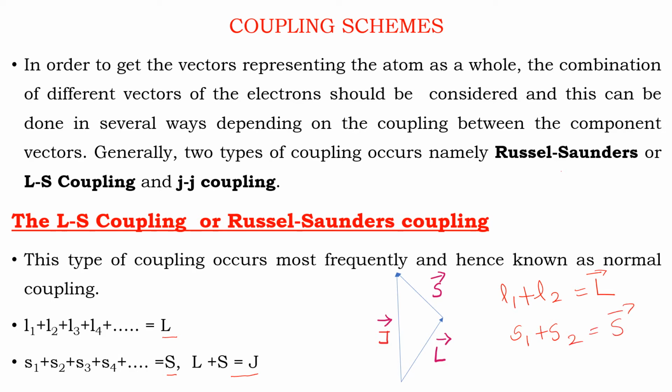Then this L and S vector combine together to form a resultant J vector, and this J vector can be used to represent the state of the atom as a whole.